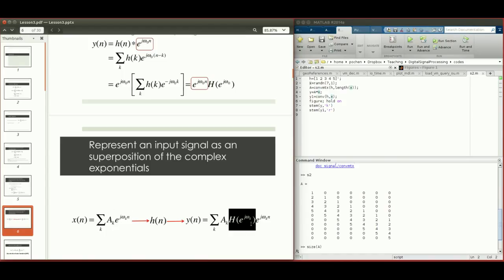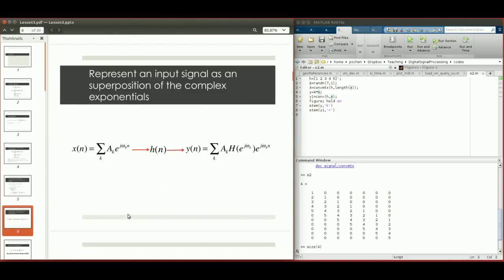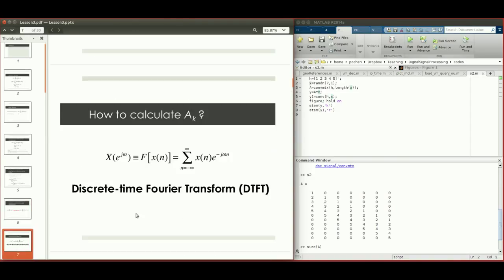This big H is the eigenvalue corresponding to e^(j omega_k n), and it can be computed by doing this particular summation. You can compute this summation for every omega_k that you are using for representing this arbitrary input signal.